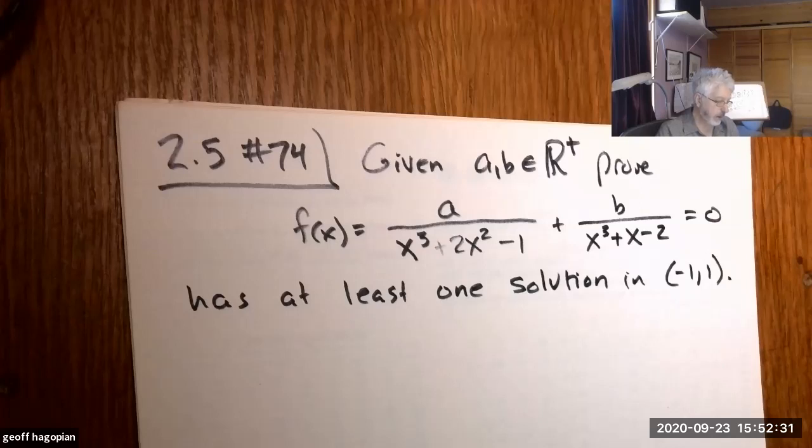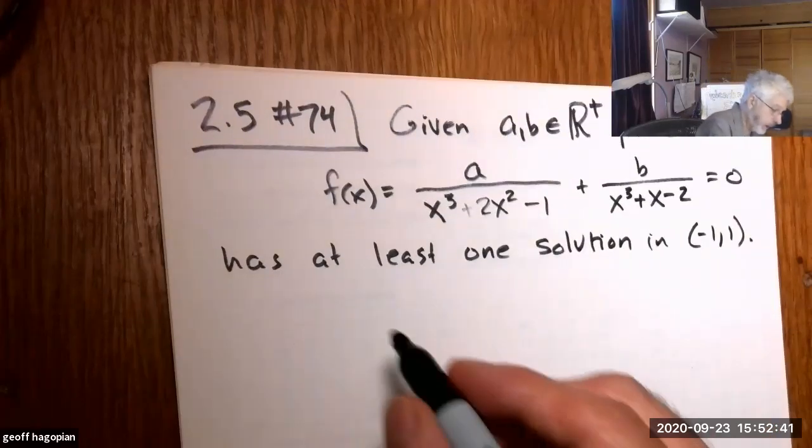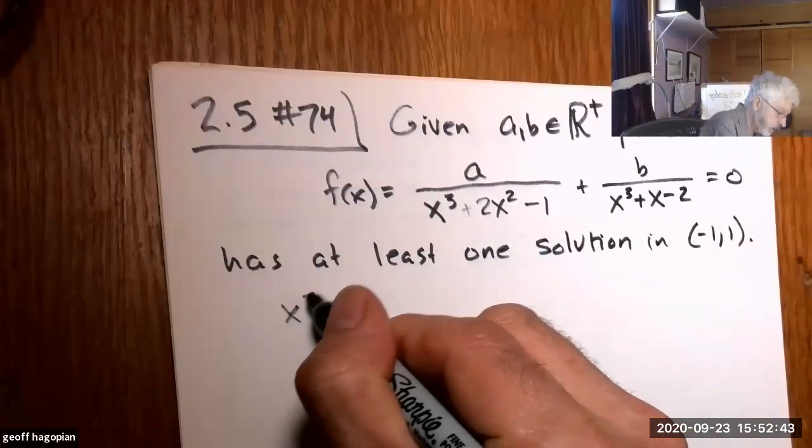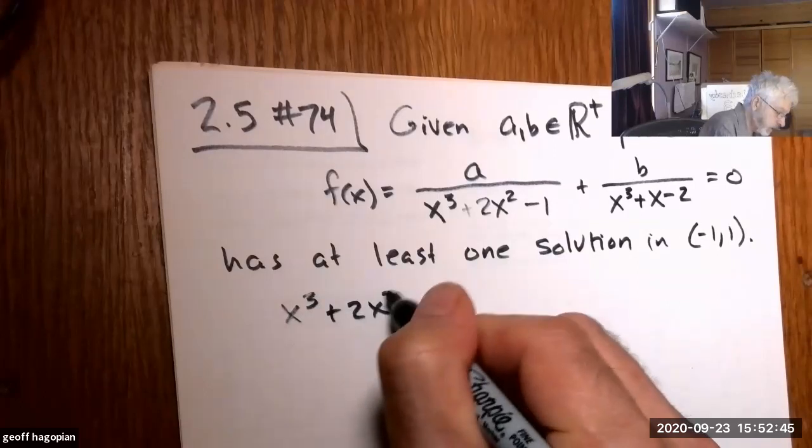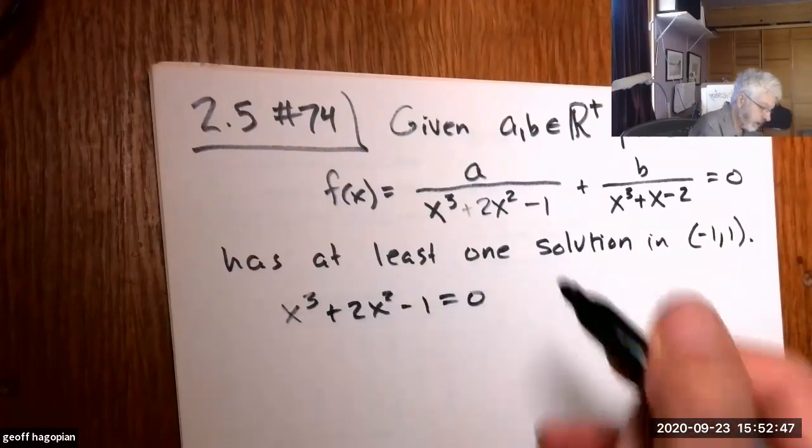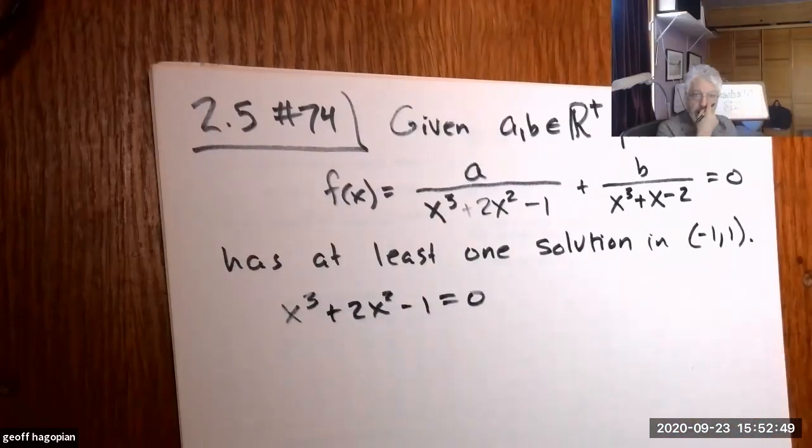There's a bunch of things we have to think about. Are there problems in the domain? We want it to be continuous on some interval. So I think we have to look at both denominators. So x cubed plus 2x squared minus 1 equals 0. Does that have a solution? If so, then we have a vertical asymptote. And if that asymptote is between -1 and 1, then we're going to be in trouble applying the intermediate value theorem here.